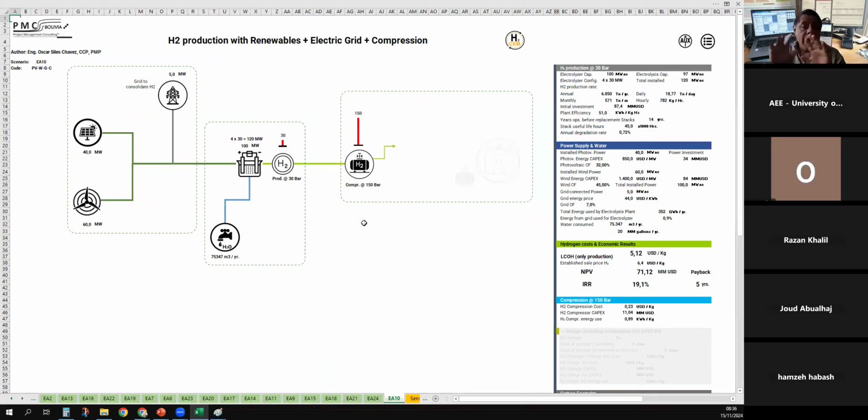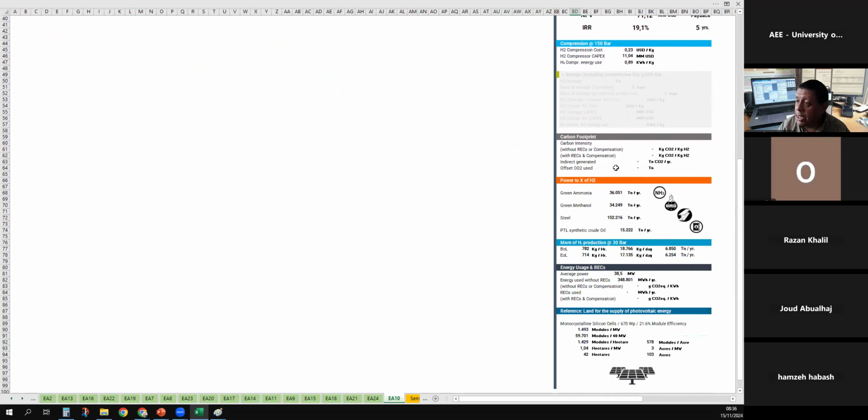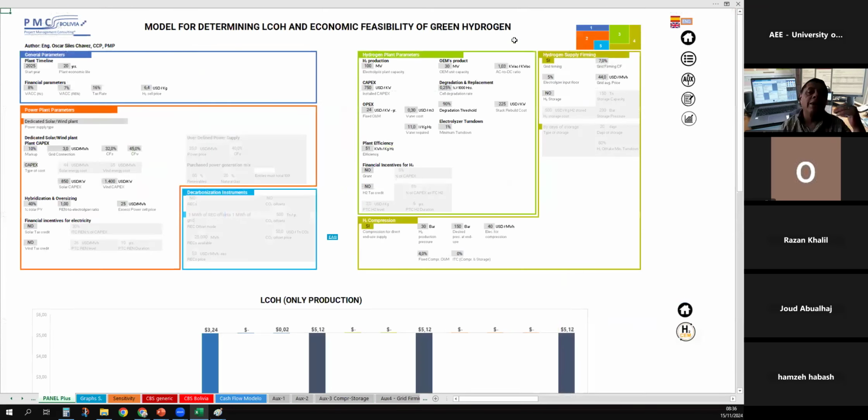Okay, so we can make 32 possible scenarios of combination in the development of the analysis. In this sense, we can see the results cards here, where you can see what is the best alternative for the development of the green hydrogen project, from energy supply, plus production, plus compression, plus storage.